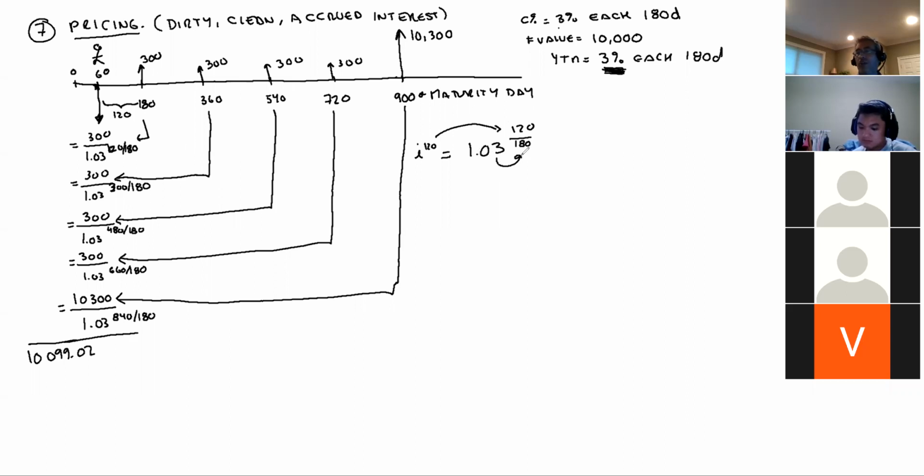The 180 goes down. In the other case, I want to know what is my rate for 300 days. So it's going to be 1.03. This is still 180 days, but I want now 300 days. So this is a time transformation, exactly that. That's why the denominator is always 180, correct?